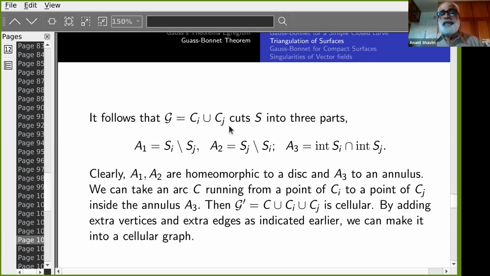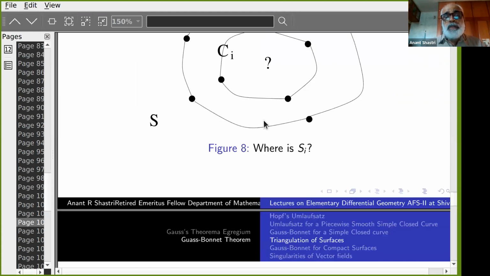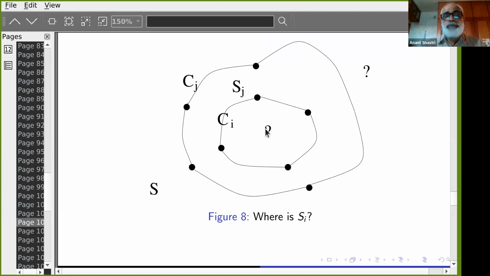A3 is the annular part, the interior of Si intersected with the interior of Sj. A1 is Si minus Sj, and A2 is Sj minus Si. So in this picture, this portion would be A1, this portion would be A2, and this in-between portion is going to be A3 in my notation.